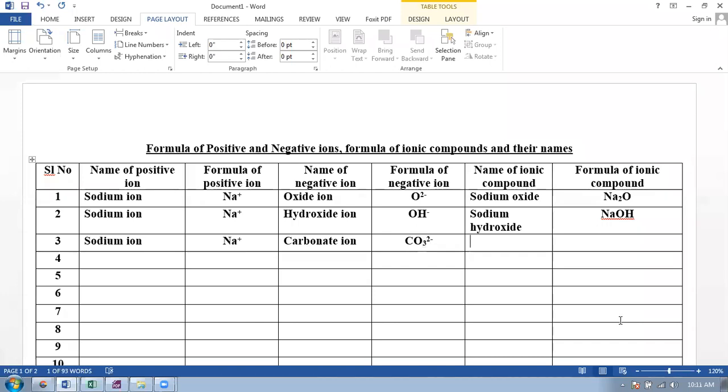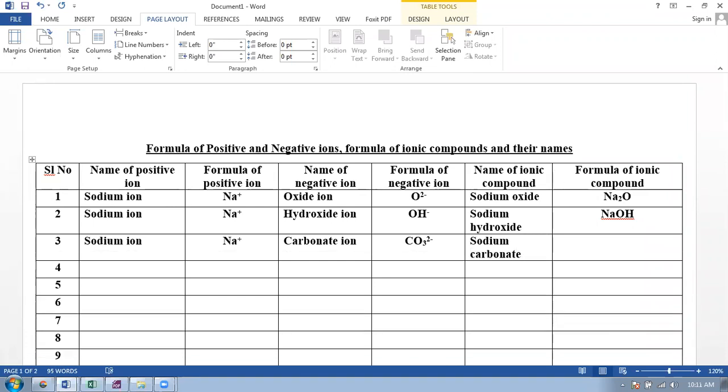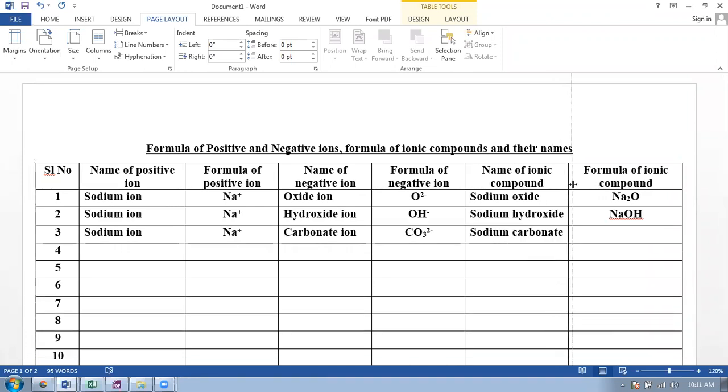We have to be very sure about CO3, where to write 3. Look at this, where to write 3 and where to write 2 minus. 2 minus is the charge of the carbonate ion. So it would be sodium carbonate. Writing the name is very simple, sodium carbonate.